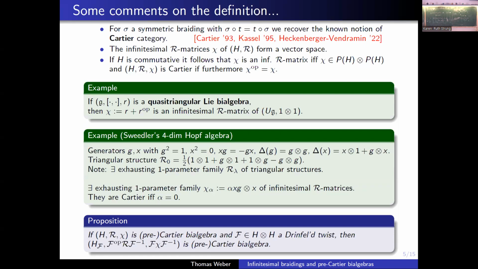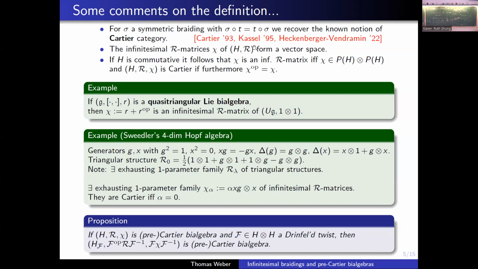Okay, some comments on the definition. Part of this has been known. So in case you take a symmetric braiding, so when sigma squares to the identity, and you want this extra commutativity with T, you get back the notion of a Cartier category that was introduced in this paper.